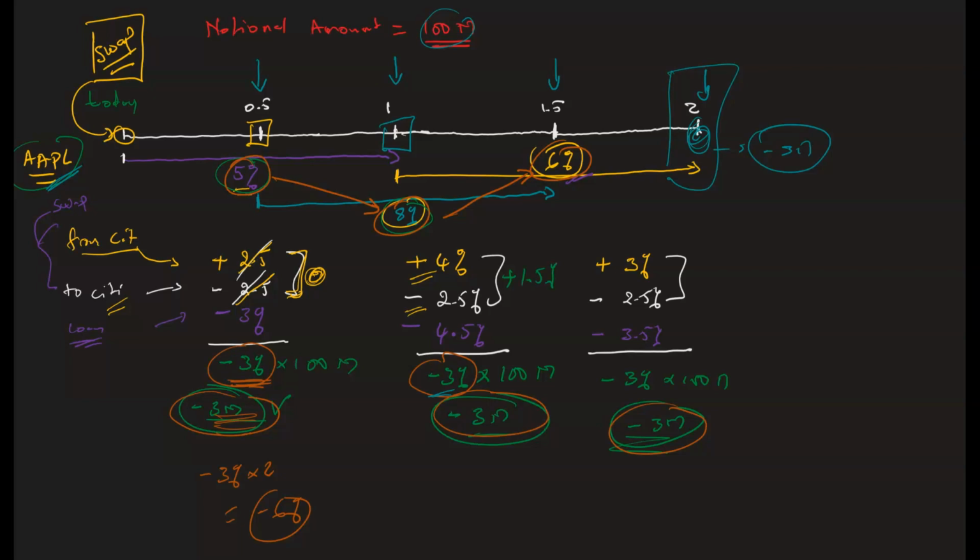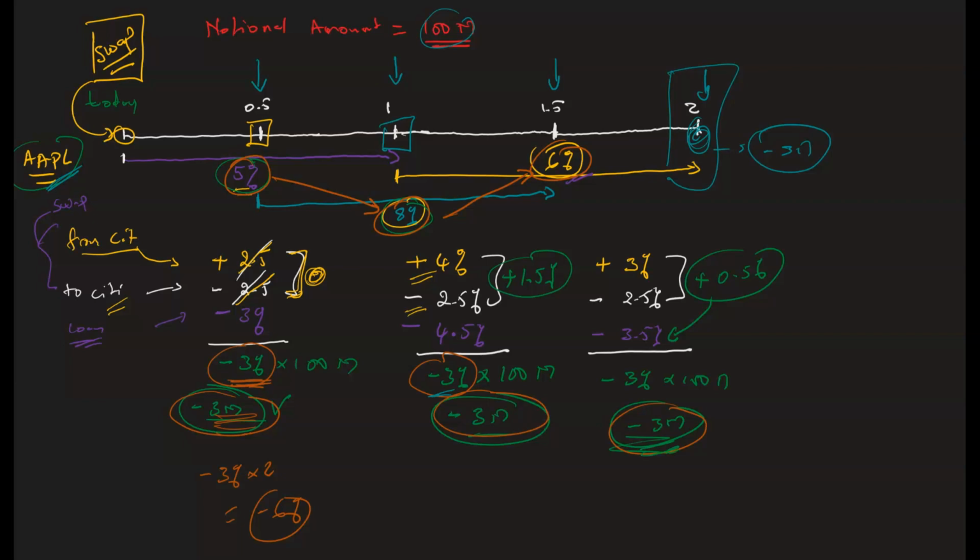That is what they're going to be essentially receiving from Citi given the swap. And in this case, they are going to be receiving plus 0.5% from Citi based on the swap there. And the 0.5% they're going to be receiving are going to offset this negative 3.5% that they had to pay on their loan, and that's what is going to guarantee that they pay the fixed rate here.